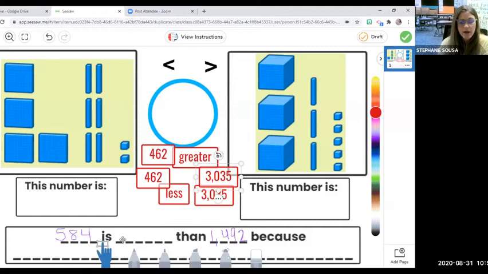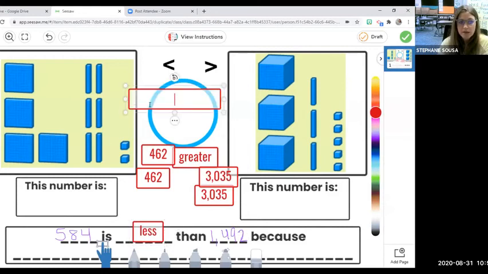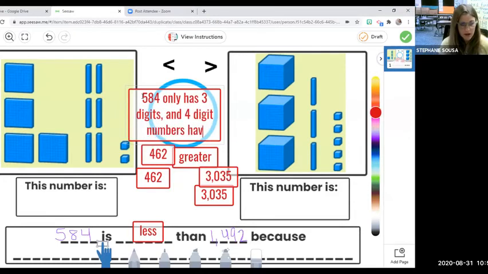So I would say 584 is less than 1,492 because now I'm going to type a response because 584 only has 3 digits and 4-digit numbers have a higher value. So I'm explaining why I know that my answer is correct.